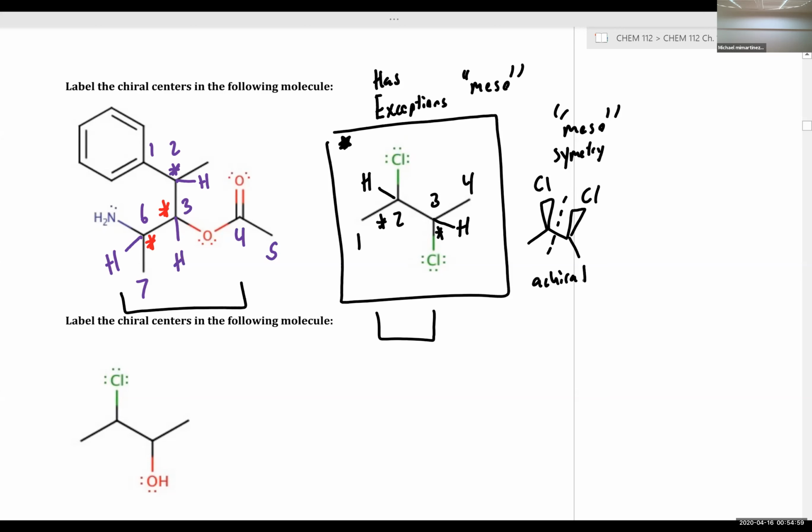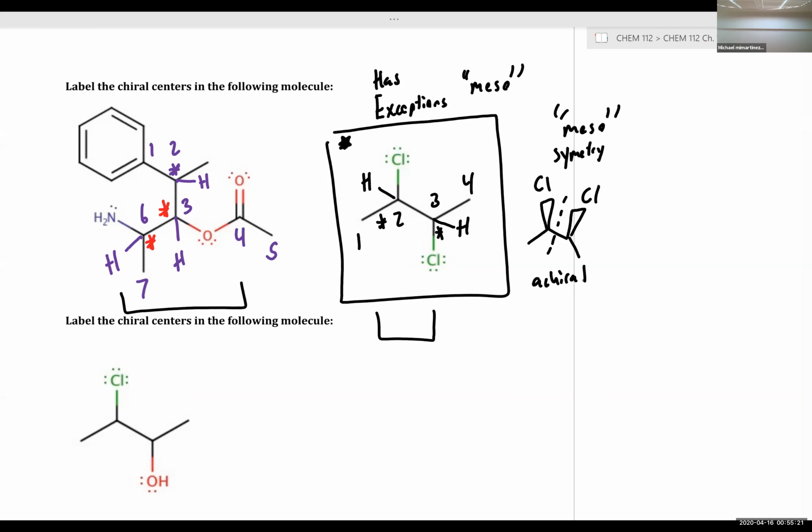Chirality really depends on whether or not your molecule can exhibit non-superimposable 3-dimensional shapes or non-superimposable mirror images as our basic criteria. Does that make sense? Does that help clarify, Christine?